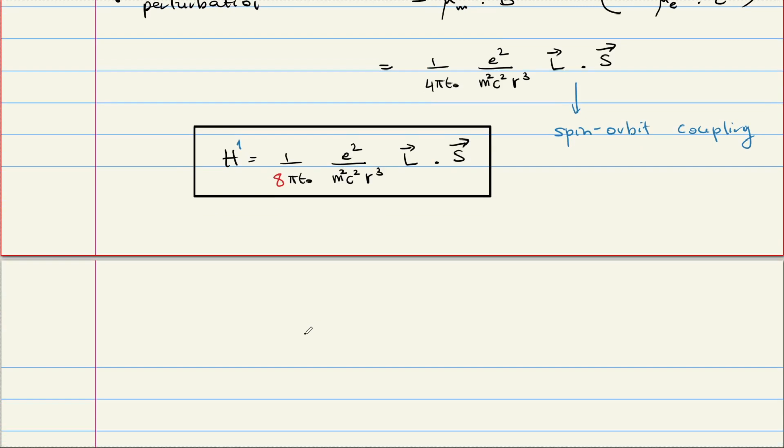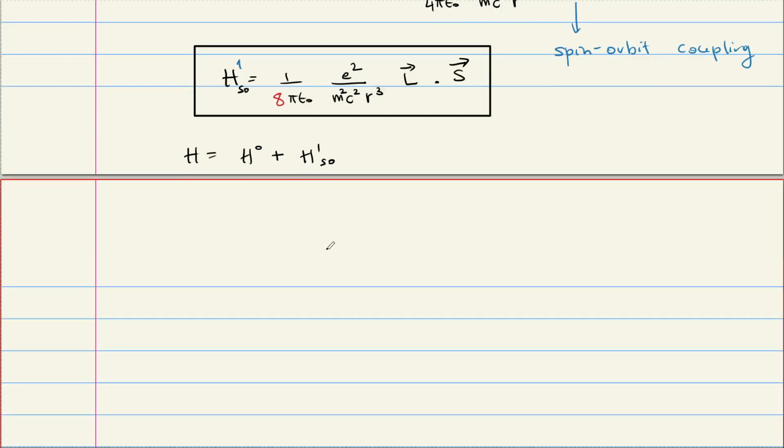Any questions? Now our job is to find the spectrum of this Hamiltonian. H is equal to H naught, which is the usual hydrogen atom, plus H1, and let's call this H_SO. Any questions? And why do I think this is a little bit different? Because you can see L and S are coupled.